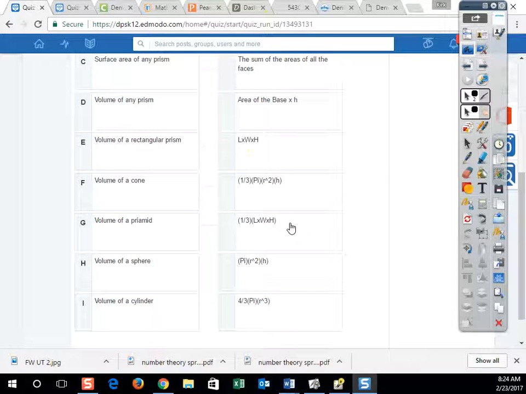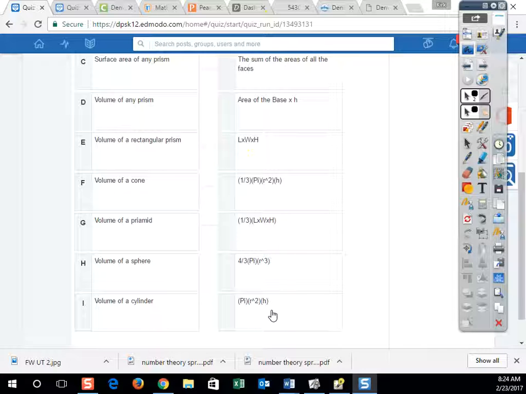If it's a triangular base, then you have to find the area of a triangle and whatnot. But it is the volume of the prism that would enclose the pyramid, and the pyramid is only going to be 1/3 of that volume. The volume of a sphere, well, that's 3 dimensions, so we know we're going to have the r to the 3rd power, 4/3 pi r cubed. And that leaves the volume of the cylinder right here.